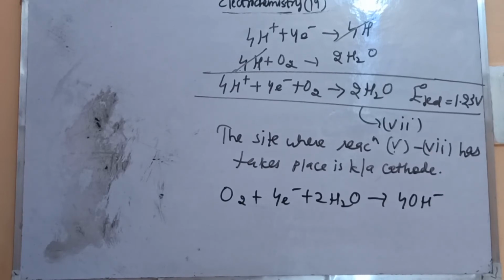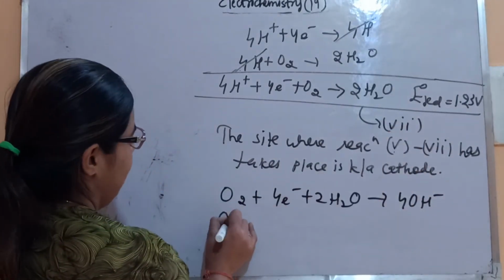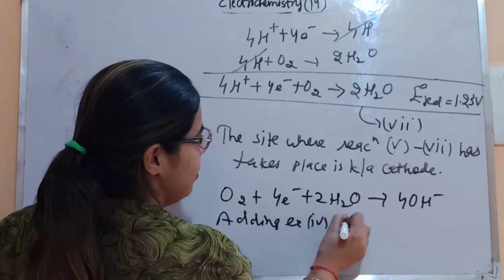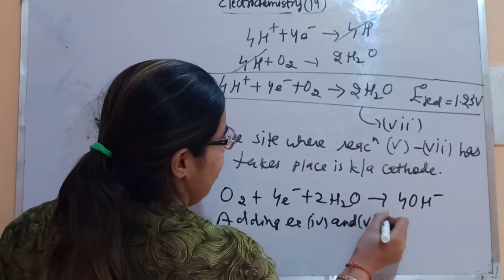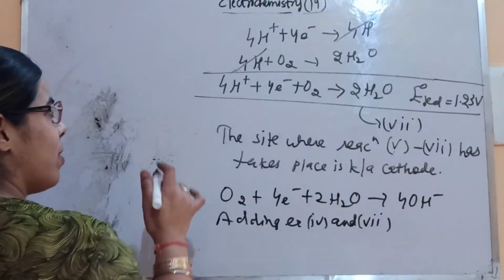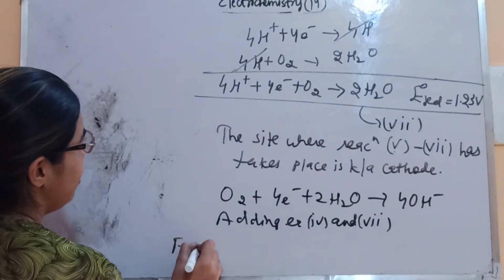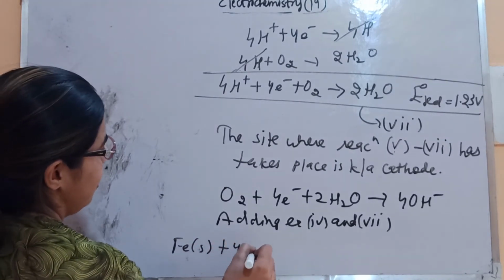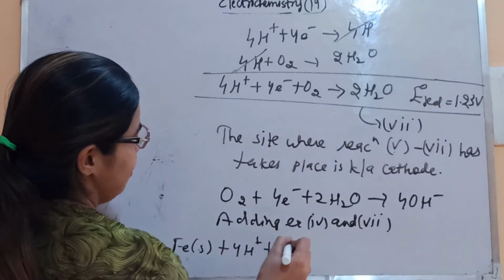Okay, now we will add equations 4th and 7th. Adding equation 4th and 7th, let's see what we will get. We will get the final reaction, as this is the reduction and that was the oxidation. So Fe plus 4H plus 4 electrons.